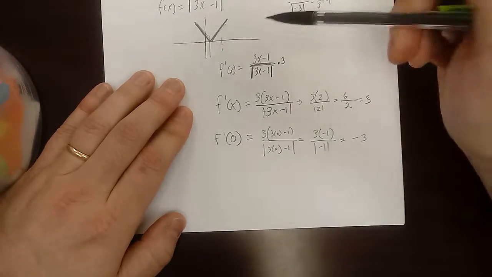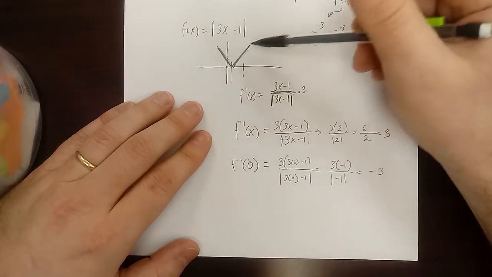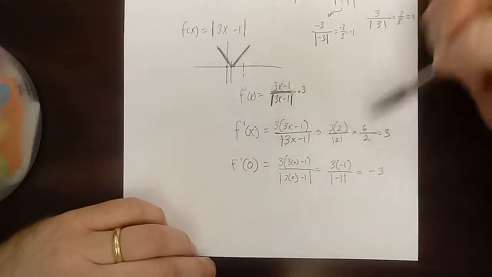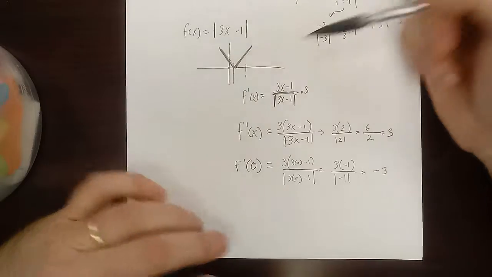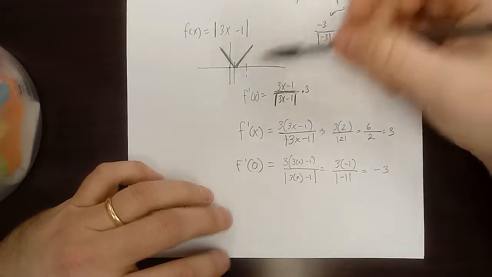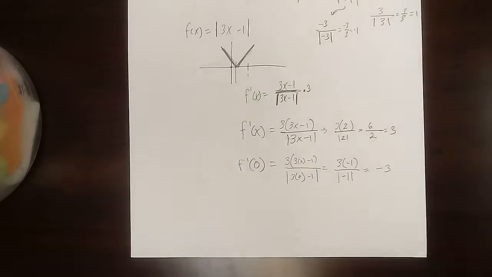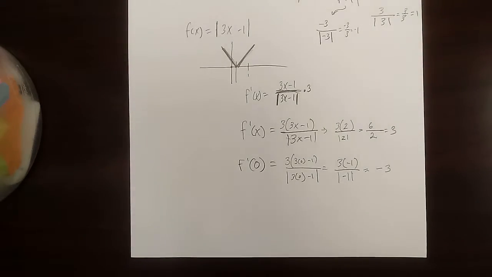So it really only has 2 slopes. It either has 3 or negative 3. We could plug in any other number, and it's going to wind up being the same sort of thing. Don't believe me? Try 1,000 numbers. Maybe then you'll agree with me. Okay, so offshoot done.